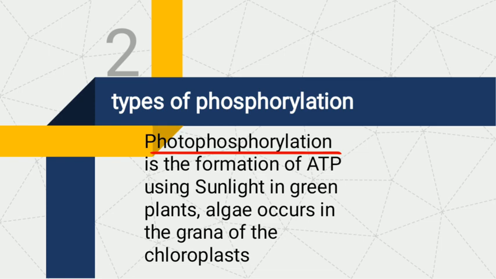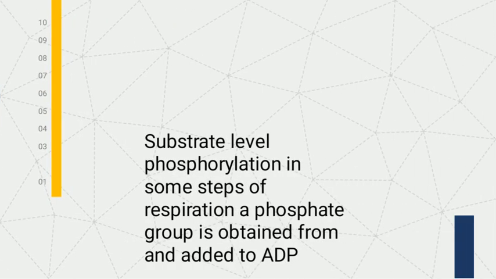Now another type of phosphorylation is substrate level phosphorylation, which we shall see in some stages of respiration. In some steps of respiration, a phosphate group is sometimes obtained from a molecule other than ATP or ADP, and it is added to ADP to form what?